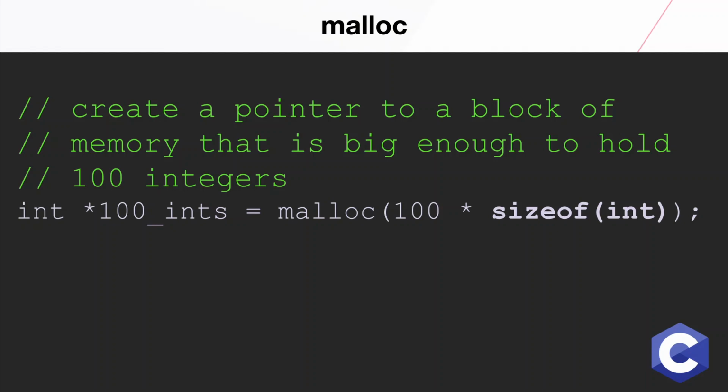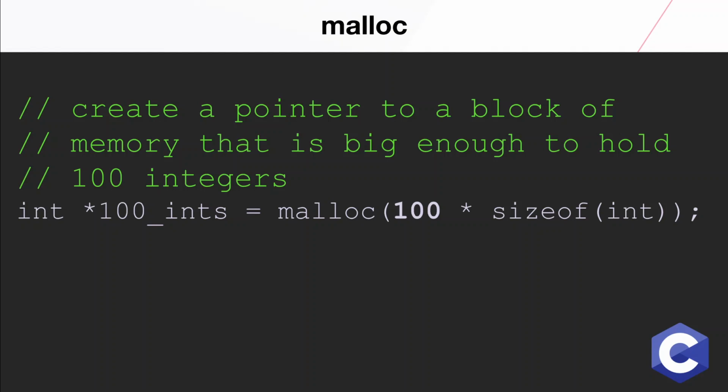You can use sizeof int, sizeof double, sizeof char, etc. So we're going to take the size of a single integer, and since I want a space that is big enough to hold 100 integers, I need to take the size of one integer and multiply it by 100. That will give me the total number of bytes that I would like allocated as one block of memory.